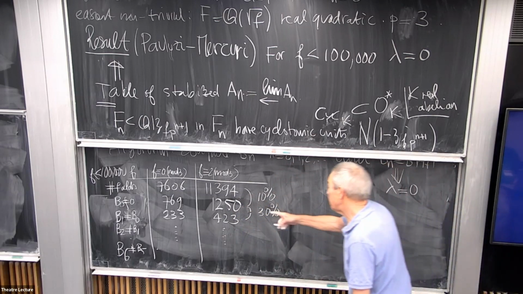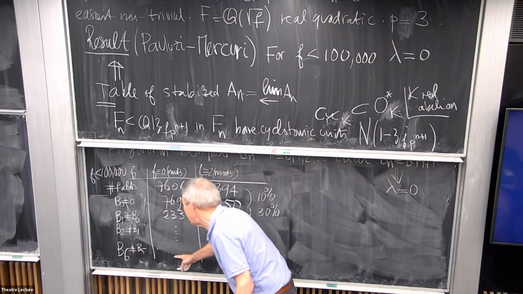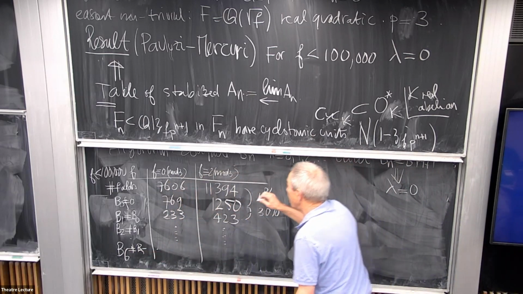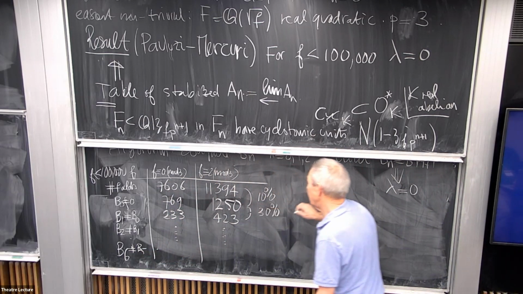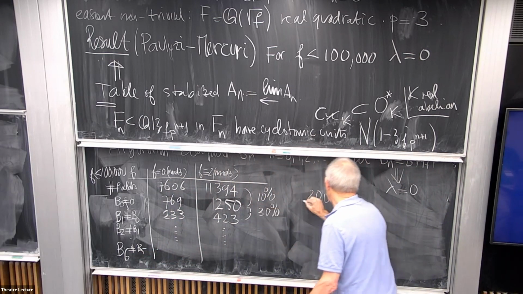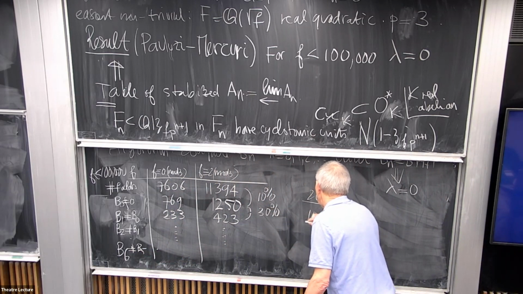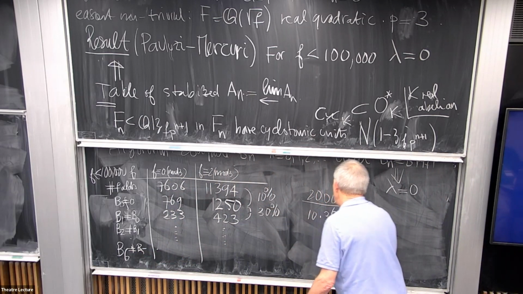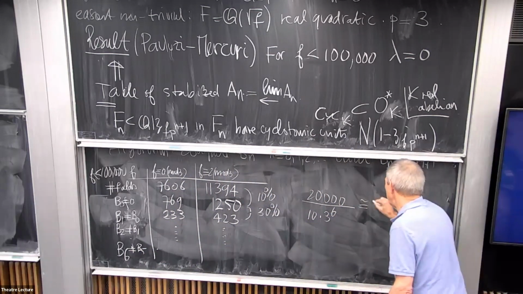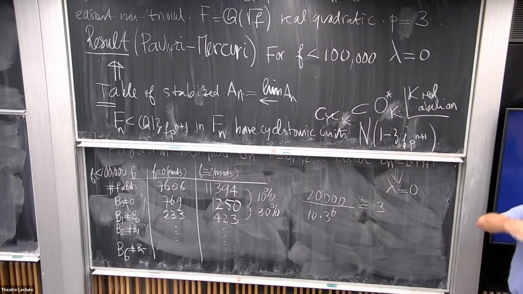So what you expect at this level is the number of fields, which is about 20,000, divided by 10 times 3 to the 6th, which is like 7,000. You expect maybe 3 fields to provide this.